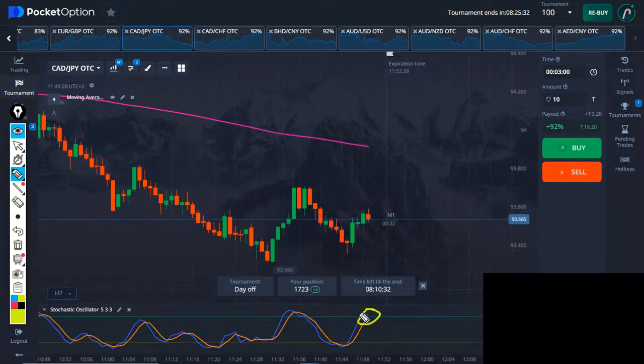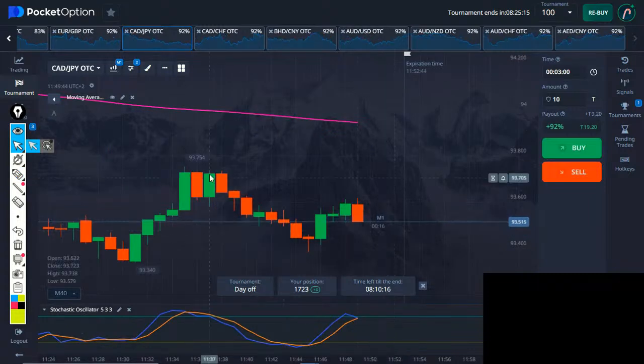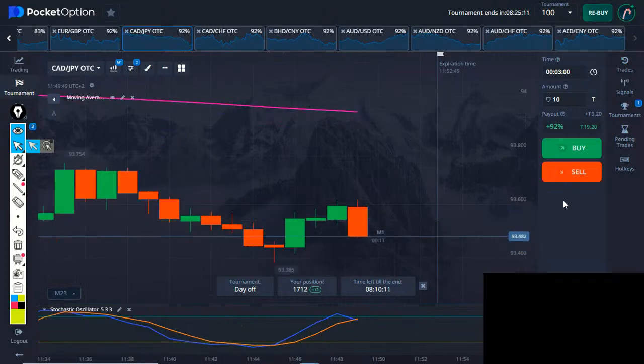The blue line has to cross below the orange, and preferably you need both lines to be going to the downside. So up to this point, the pair failed to do a higher high, which is in our favor. And here we go, we're gonna see a cross here.